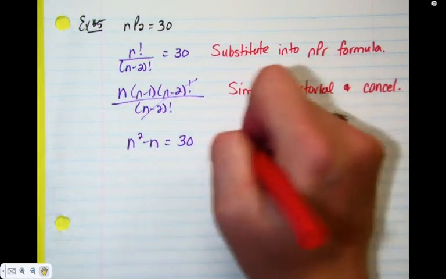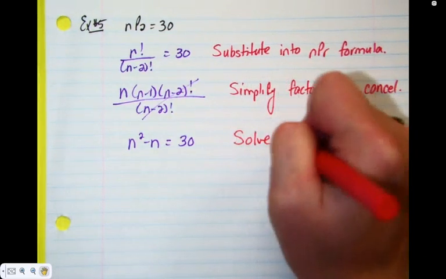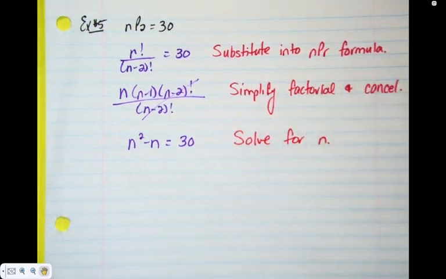Calculator. So I'll solve for n. I'm going to factor because it's my favorite. How do we have to factor this? What do we do?